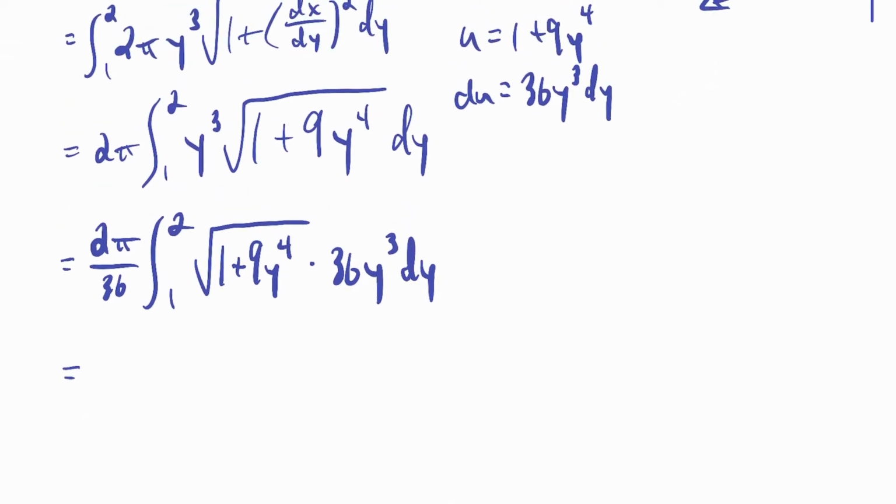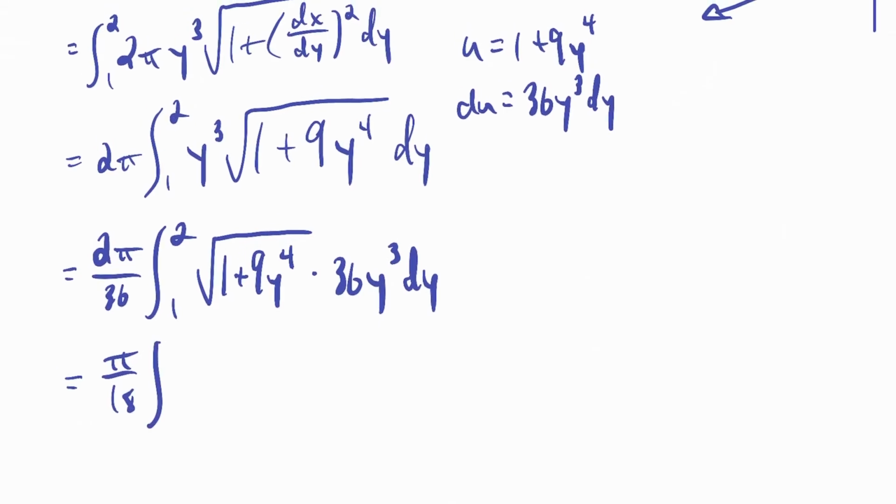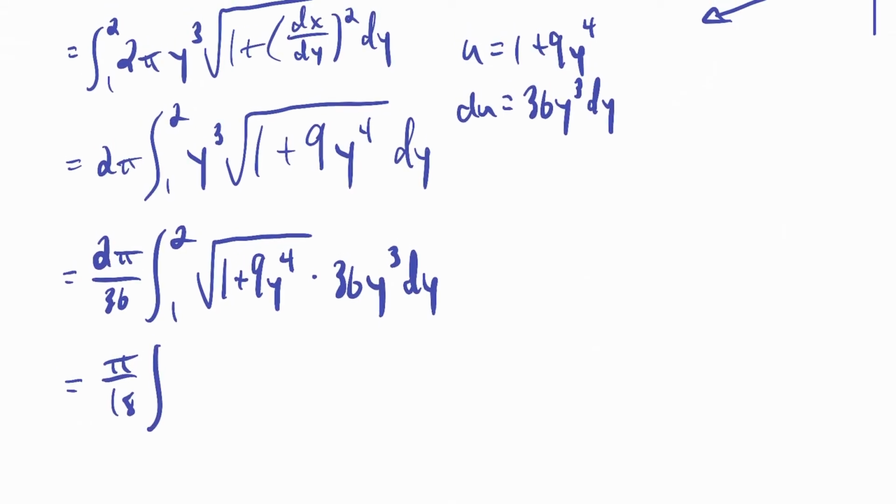So I'll have pi over 18 times the integral. My new bottom limit of integration is going to be 10. And my top limit of integration, 2 to the fourth, is 16 times 9 is 144, so 145. Times u to the 1/2 power du.